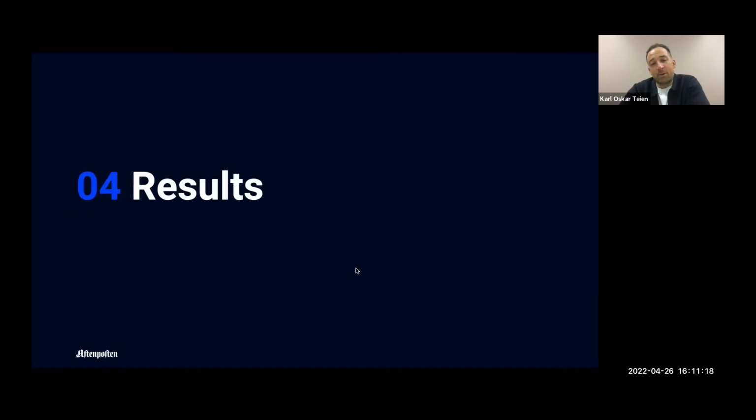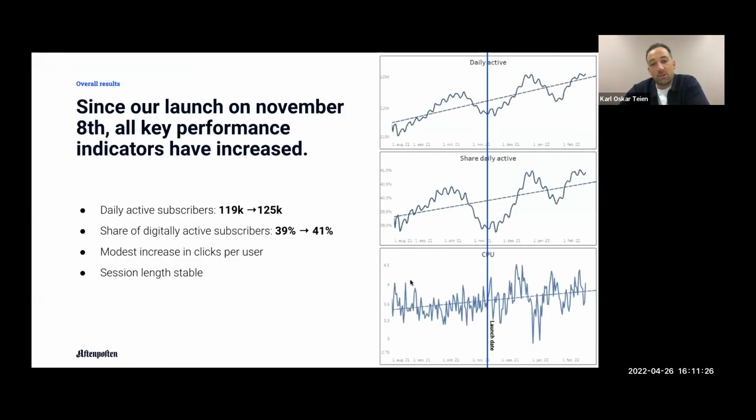I'm not going to spend too much time on the results there. I think it would be interesting to get into some of the questions here, but just what we've found so far is there's a relatively positive increase, even before we've seen, of course, traffic increases as a result of what's going on in Ukraine.